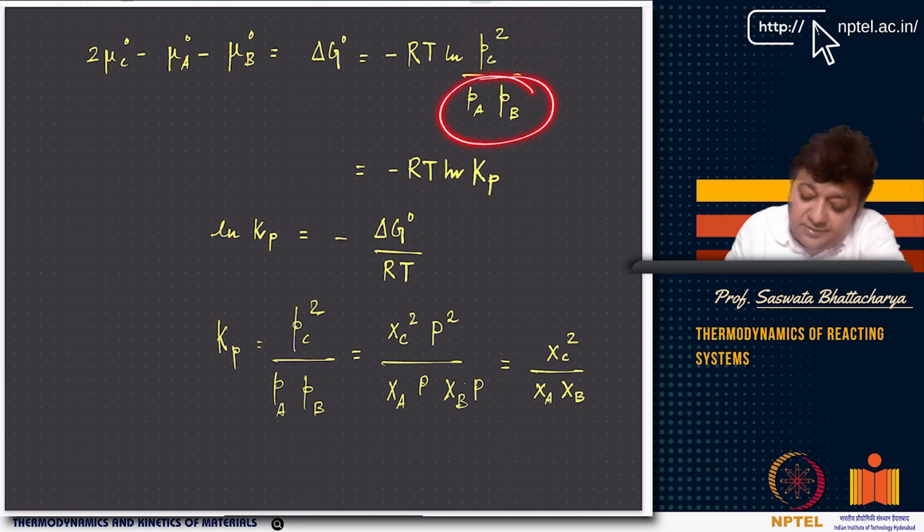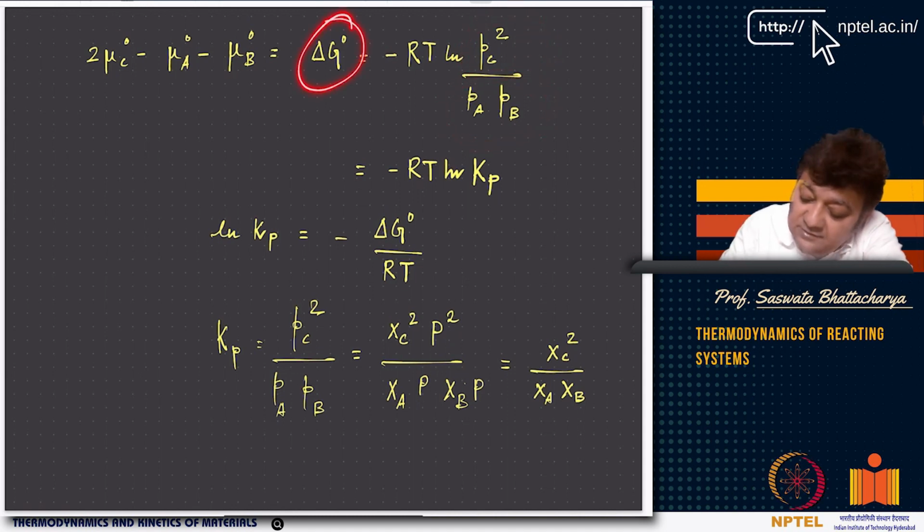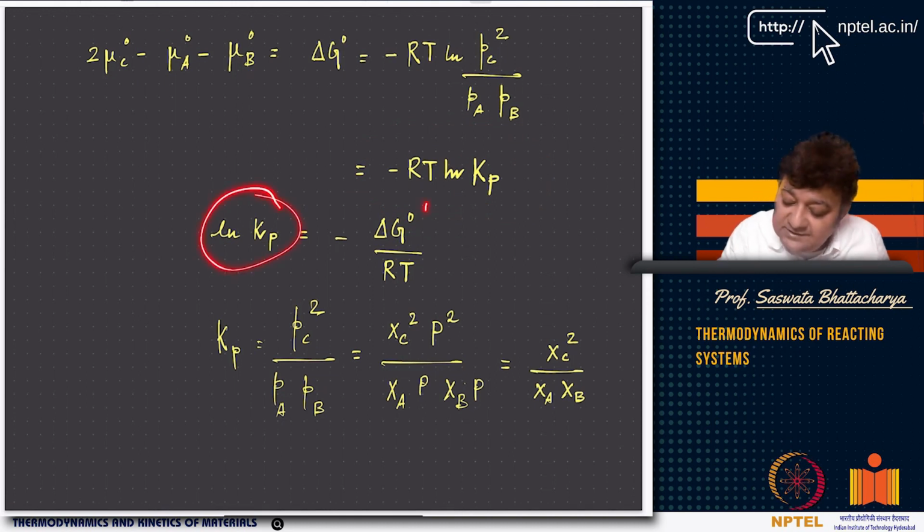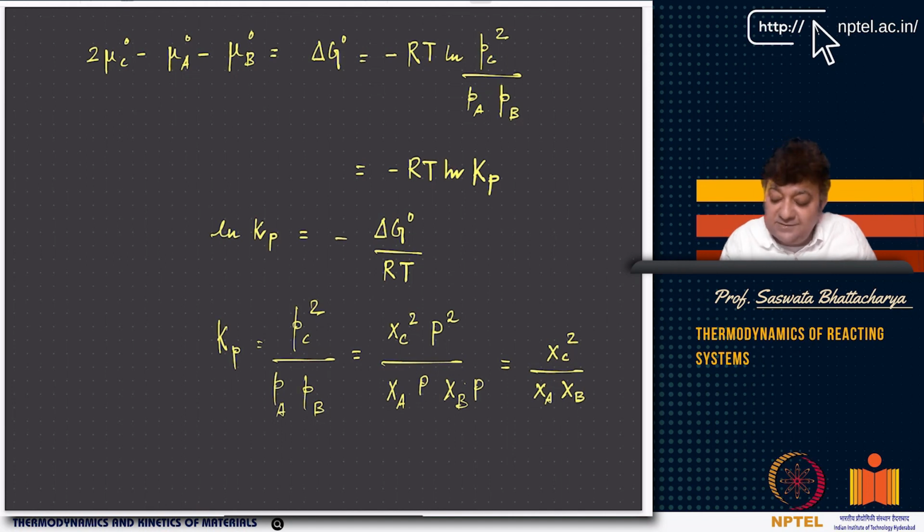This is basically called RT ln Kp, where Kp is the equilibrium constant. So ln Kp is minus delta G0 by RT, and Kp is nothing but PC squared by PA PB, or if my total pressure is capital P, I can write it as XC squared P squared by XA P XB P, so I get XC squared by XA XB.